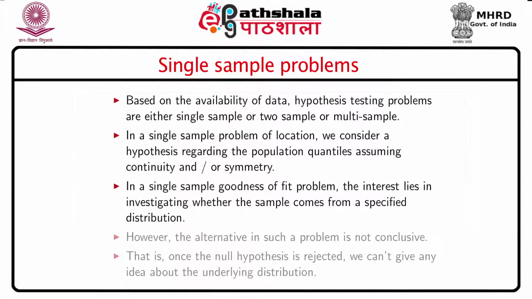There is another type of single sample problem, namely the goodness of fit problem. In a goodness of fit problem, the interest lies in investigating whether the sample comes from a specified distribution. However, the alternative in such a problem is not conclusive. That is, once the null hypothesis is rejected, we cannot give any idea about the underlying distribution.